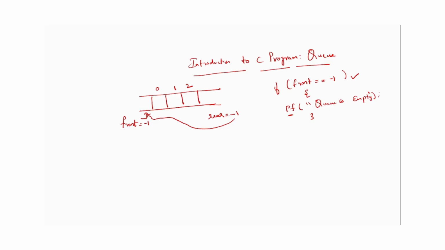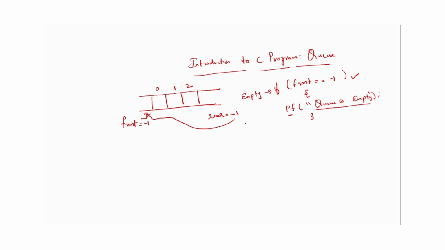Whenever we try to dequeue an element from an empty queue, we have to display a print statement to the user saying that the queue is empty, you cannot delete any more elements. So the condition for an empty queue is nothing but if front equal to -1, queue is empty.